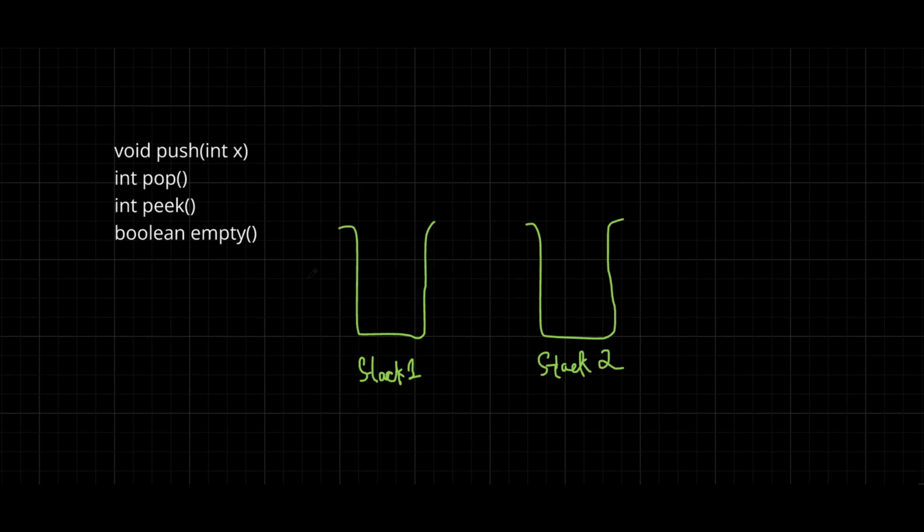Here, we have to implement these four methods, which are push, pop, peek, and empty. Before going to the implementation, let us try to understand the basic functionality of the queue and stack. Suppose it is a queue. A queue operates in first in, first out manner.